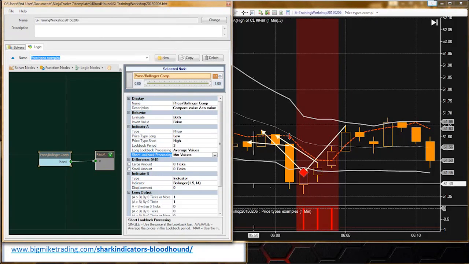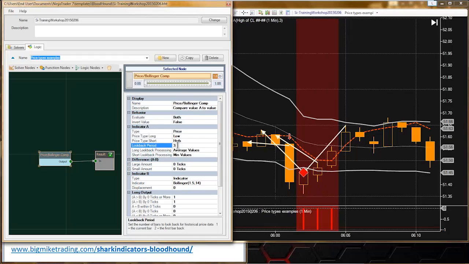All right, so the minimum value is going to look back through our range here, and it's going to find the lowest value within this range, right? So that's why this look back is actually called a period, because it's creating a range, a period to look back through. So the average, the min and the max values are looking back through the number of bars that are included in this range.